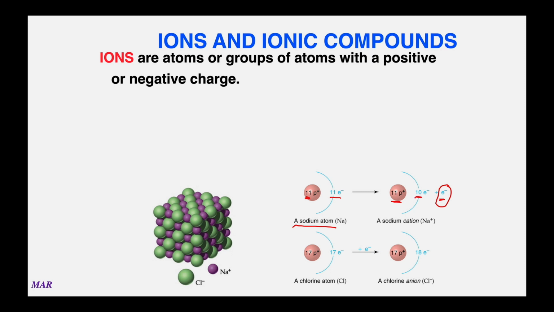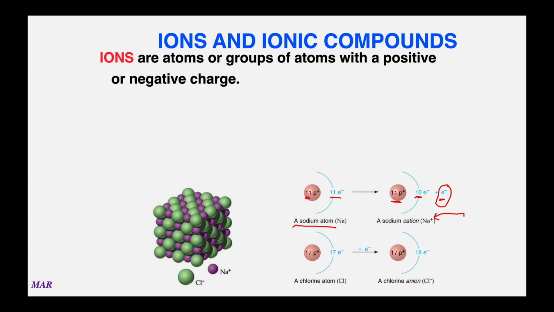So if you take 11 times plus 1, and add that to 10 times negative 1, it's like 11 minus 10, you're going to have a positive 1 charge. And we call that a sodium ion, or, as we're going to see in the next slide, a sodium cation. Cation is a positive charge.